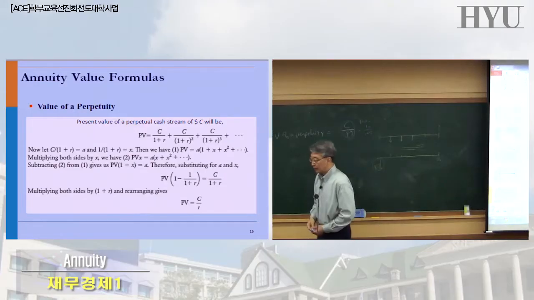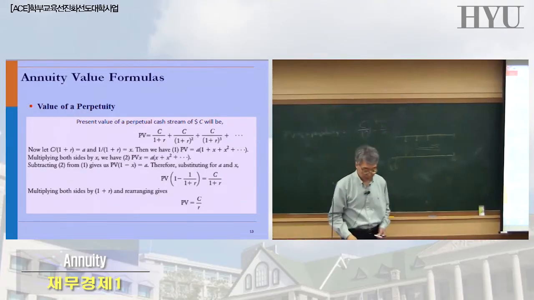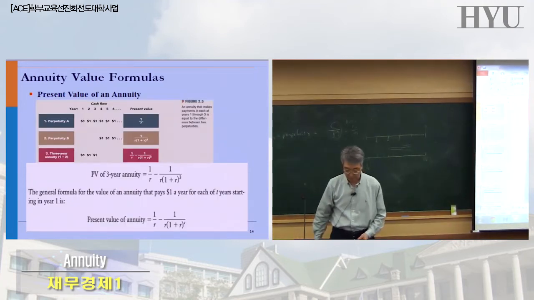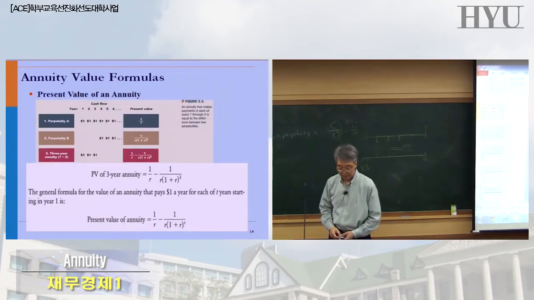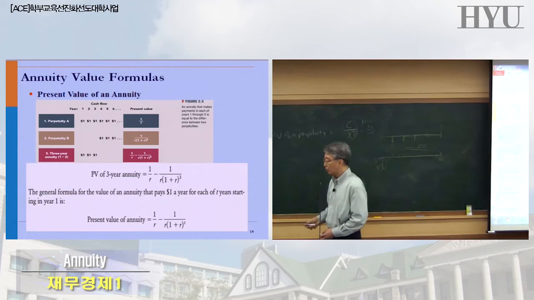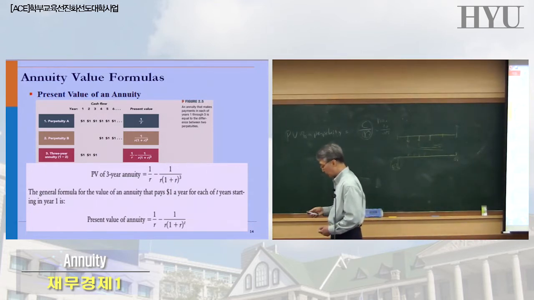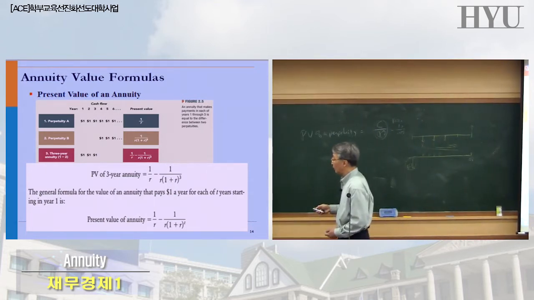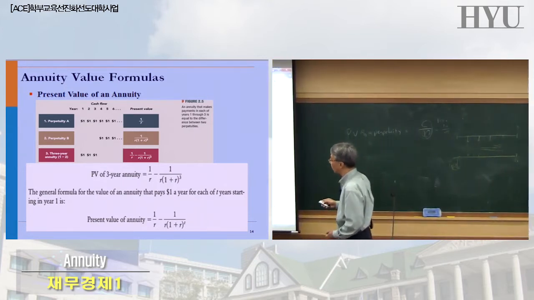And then we do one more step. In order to understand the formula for the present value of an annuity, let's think about this perpetuity here. We have a series of cash payments, and for how many periods doesn't matter.